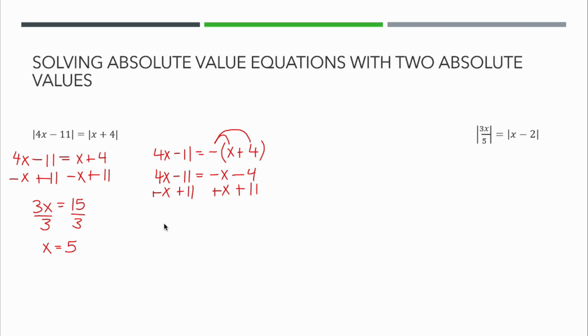And we end up with 5x is equal to 7. We divide by 5 on both sides, and we end up with x is equal to 7/5. Now, we haven't boxed these yet because we don't know if either of these are going to be extraneous solutions. So let's check.